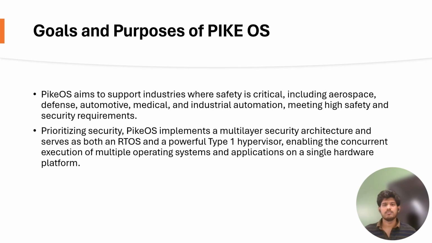It has a multi-layer architecture that can serve both as a real-time operating system and also as a type 1 hypervisor. So that was the main advantage of PikeOS. It also enables concurrent execution of multiple operating systems on a single hardware platform.